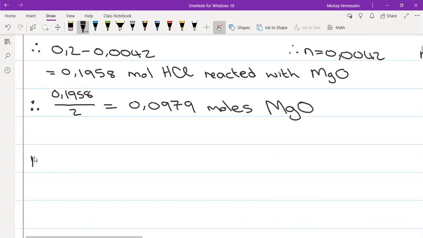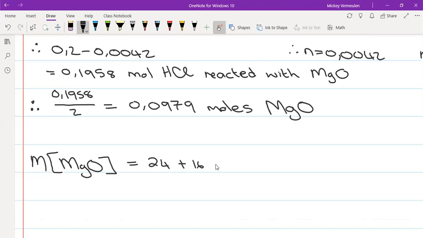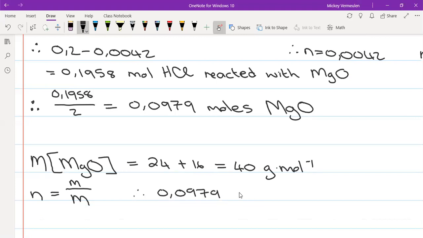Now, and I know this sum gets long, we need to calculate what mass of pure magnesium oxide we started with. We have moles. We can go and calculate molar mass. And then we can use this old formula that you learned in grade 10. And we can substitute the moles of magnesium oxide and the molar mass of magnesium oxide.